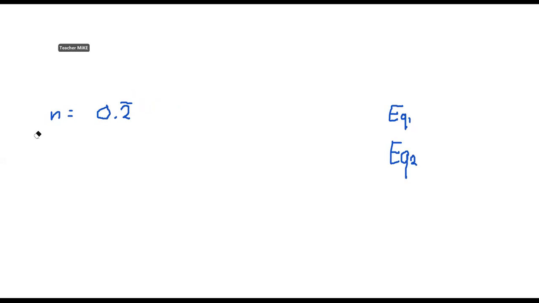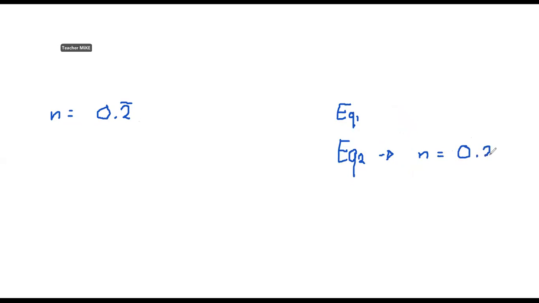So, unang equation natin, n is equal to 0.2 with a bar. Yung pinaka-original equation natin, sa equation 2 na natin siya ilalagay, kasi i-subtract din naman natin siya.